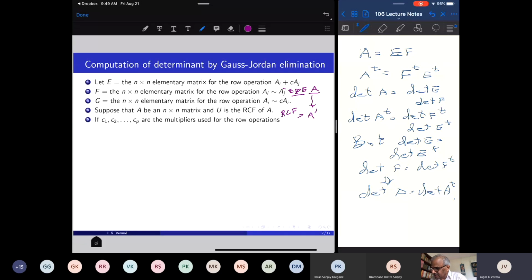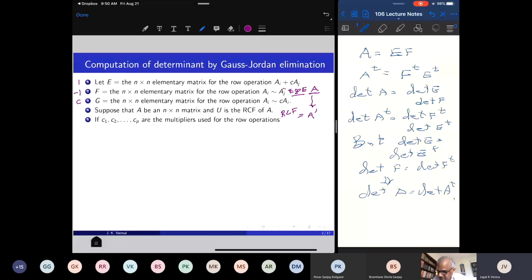So that determinant is c. So the determinant of G is c, of F is minus 1, and of E is 1. When we do these row operations, the determinant of the given matrix is multiplied by either 1, minus 1, or c at every step.